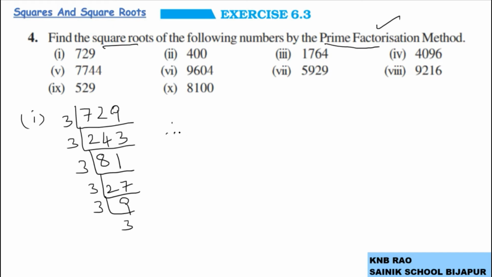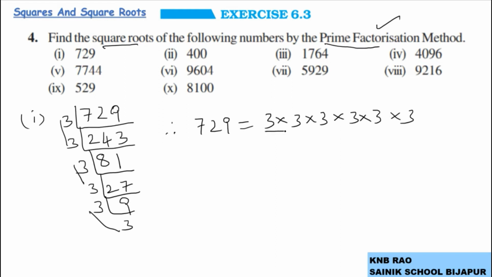So therefore 729 can be written as 3 multiplied by itself 6 times. In this we have got 3's that are making pairs.